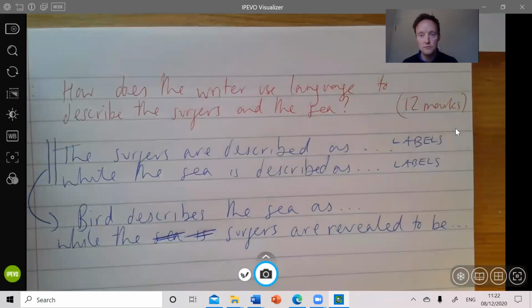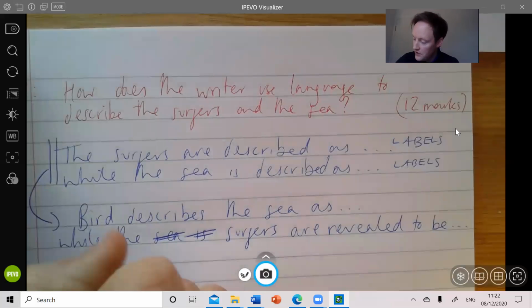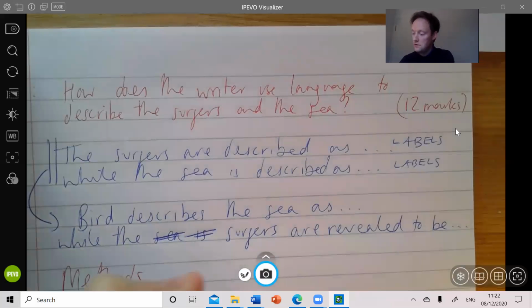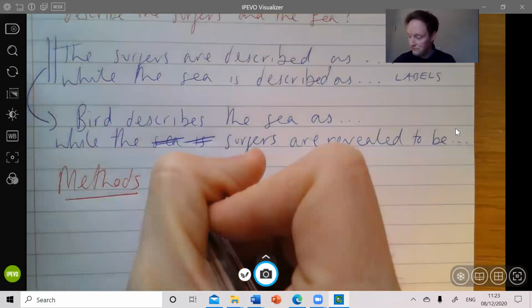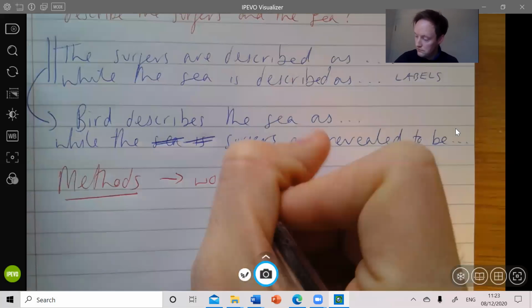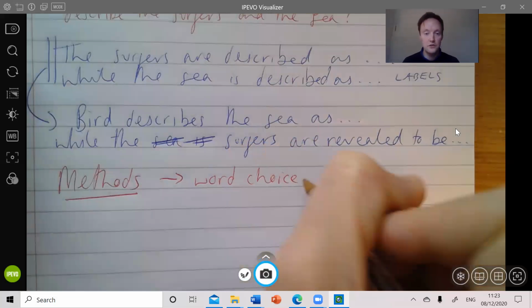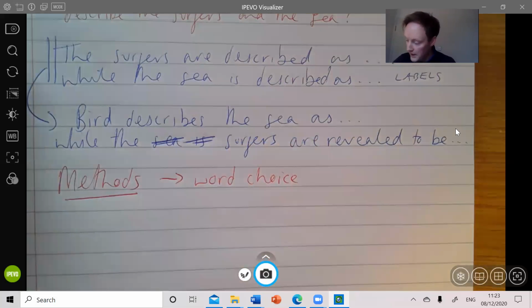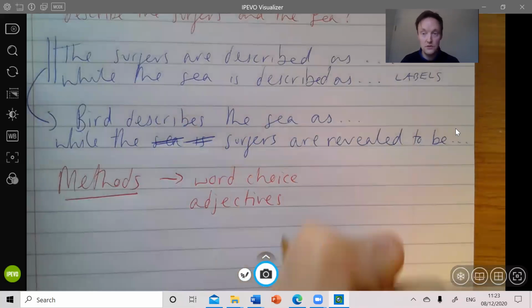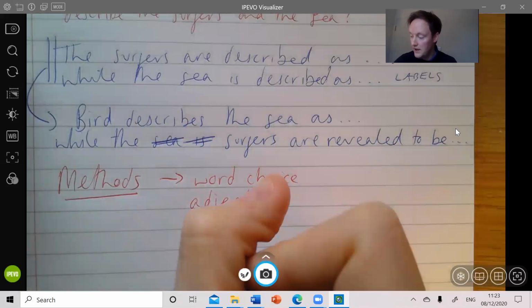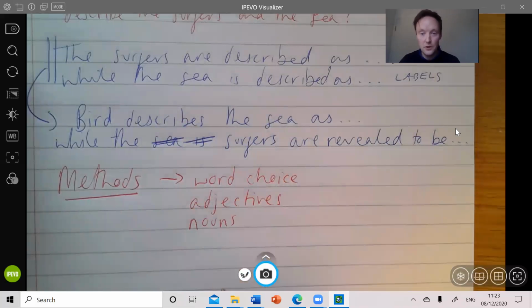Then you launch into, well, what does the writer use? What are the methods? And so we've done this many times before. Methods could be individual word choices. It could be adjectives, describing words. It could be nouns, particular words, names that are used.